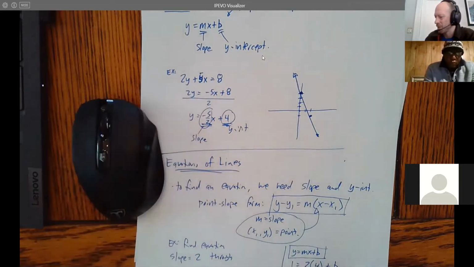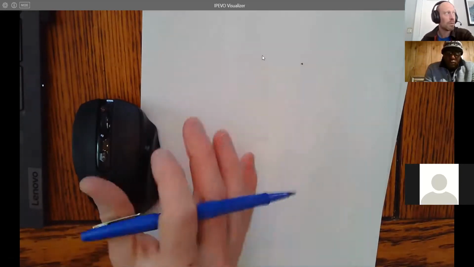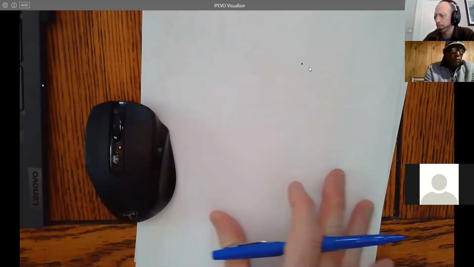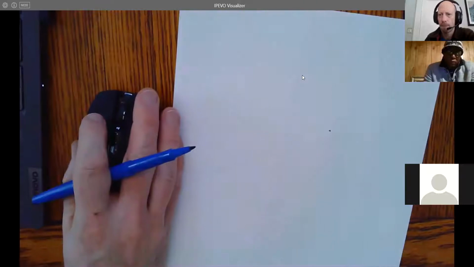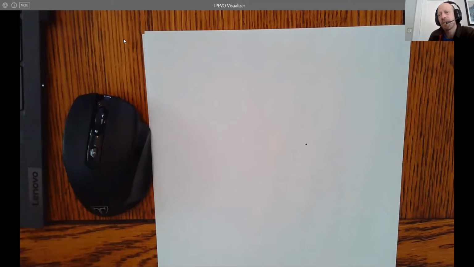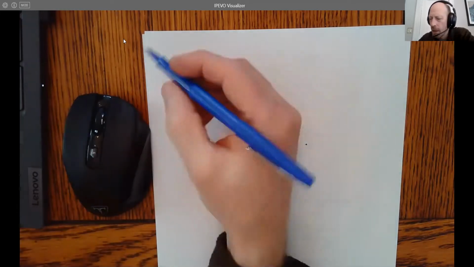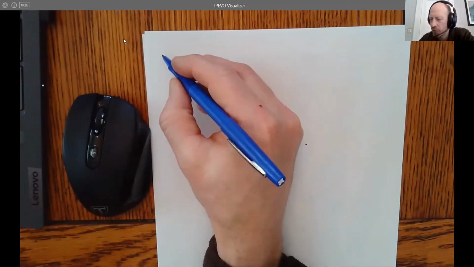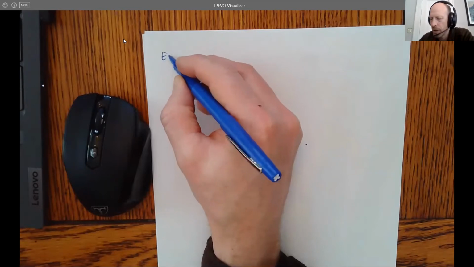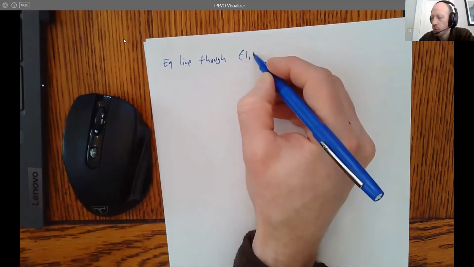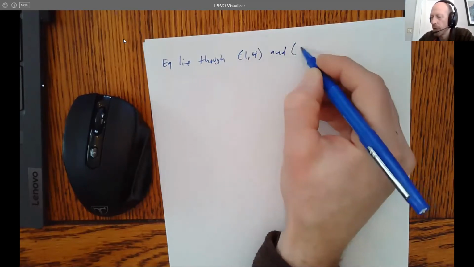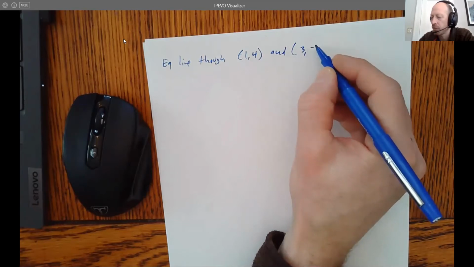Okay, I'm back. So what we have here is some other versions of these problems. They don't always give you the point and the slope like that one, but they'll always give you enough information to find the point and the slope. For example, sometimes you'll see the equation of the line through two points, 1, 4 and 3, -2.